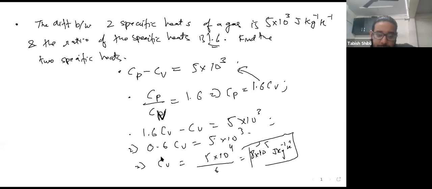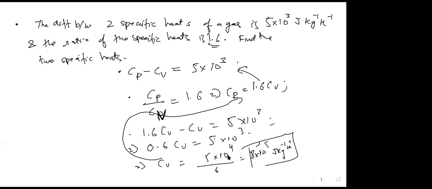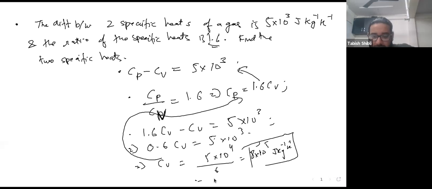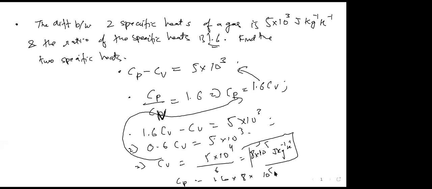Lovely. And you just put this back inside here. So essentially multiply this by 1.6. 1.6 into 8 into 10 to the power 5 is your Cp. What is that ratio? What is the magnitude? Is that 131.6 or something else?